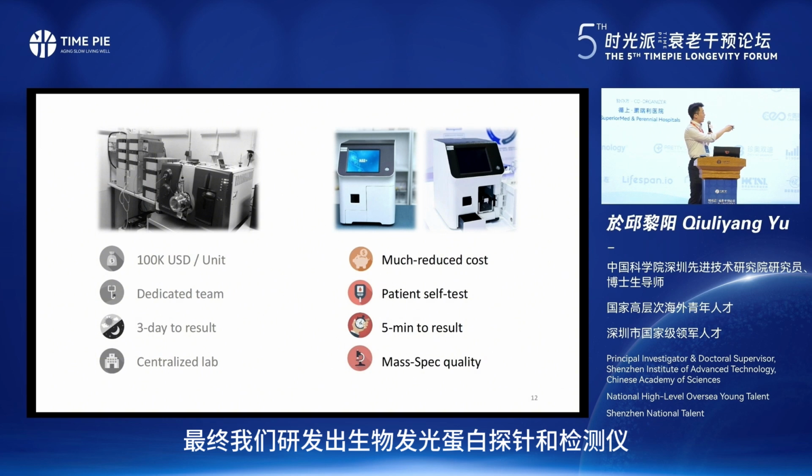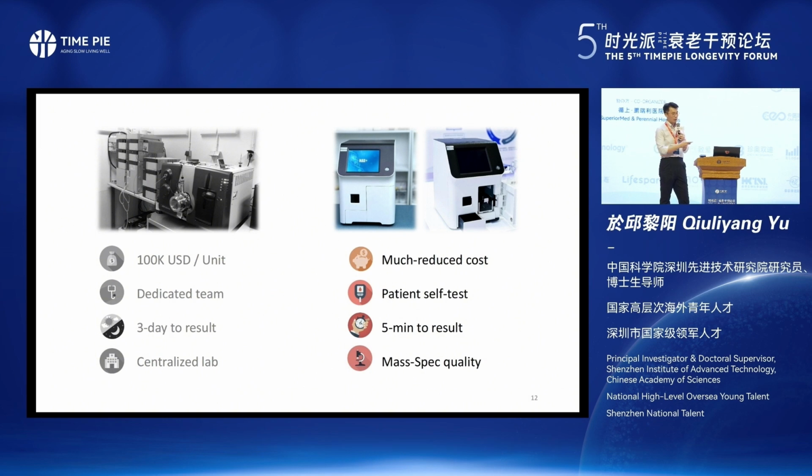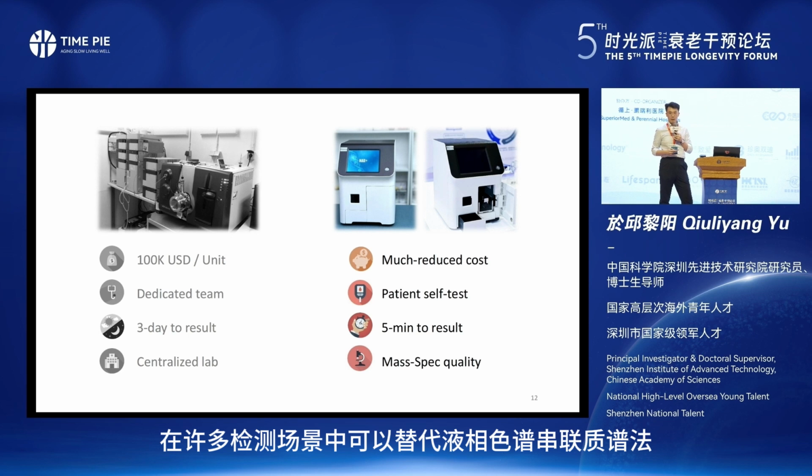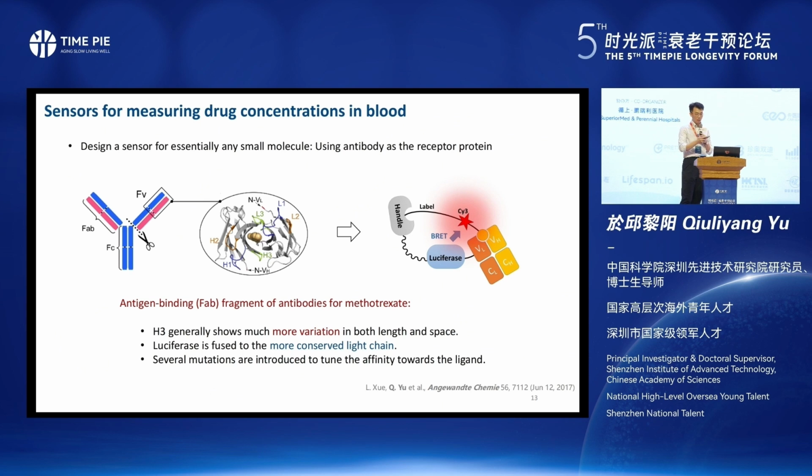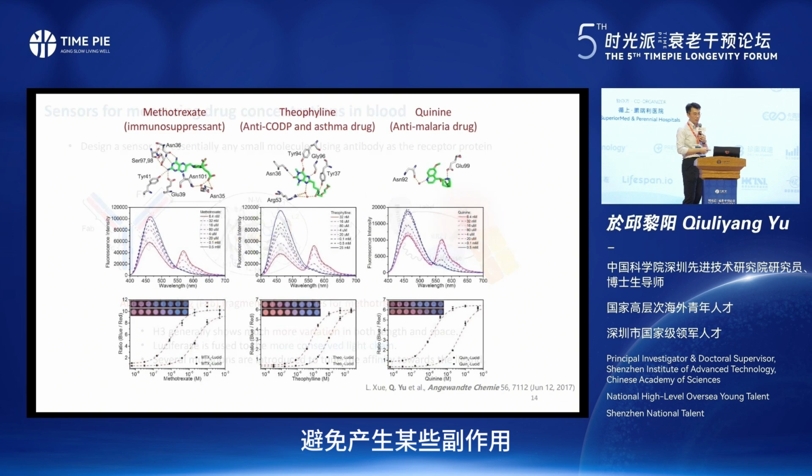So in the end, we had developed this type of bioluminescent sensors and machines to replace essentially the LC-MS for many of the testing scenarios. And the next thing we did was to sense the drug concentrations in the blood, so that we can avoid some of the side effects.